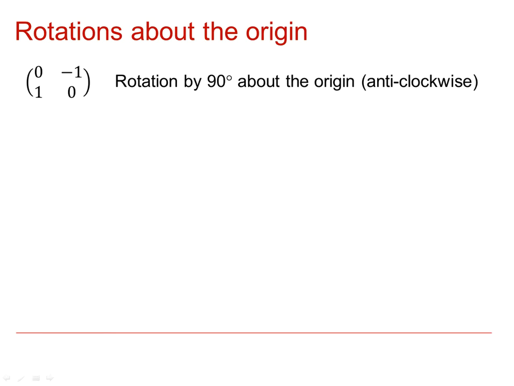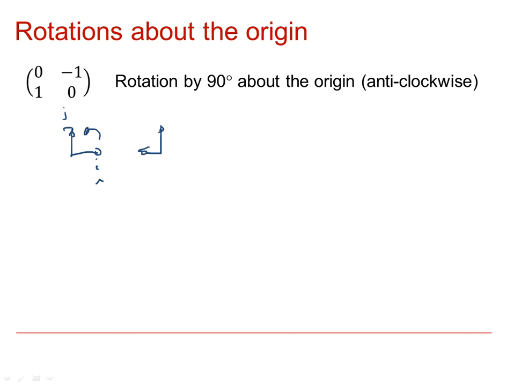Well, what about rotations? The rotation which is a 90-degree rotation about the origin in the anti-clockwise direction is certainly not self-inverse, but we can think about what we would have to do. We've gone from our unit vectors i and j, and rotated anti-clockwise, so we end up in this position.